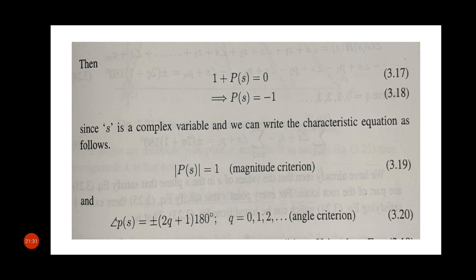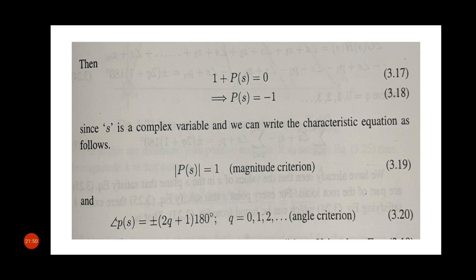These two equations, 3.19 and 3.20, are known as the angle and magnitude conditions. Using these two equations, we can define the locus.